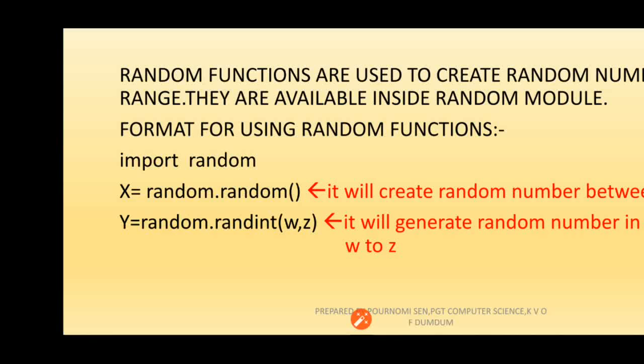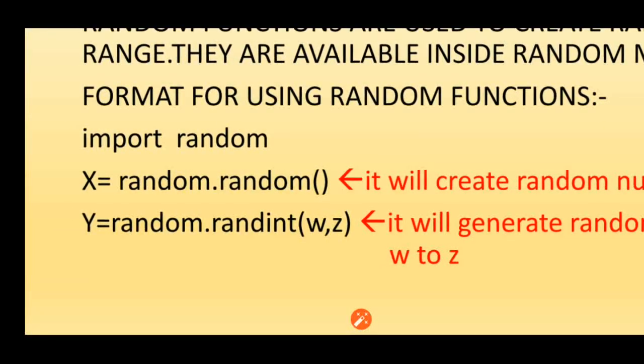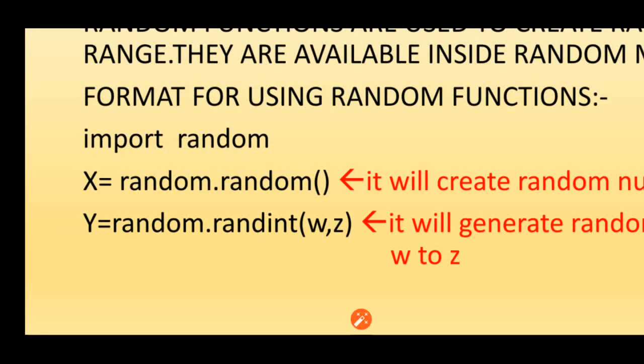Then we are writing the second random. The dot operator denotes that whatever we write on the right hand side is a part of the left hand side. I repeat, whatever we write on the right hand side of the dot operator is a part of the left hand side. That means when we write random.random, we are going to call the random function which is a part of the random module.